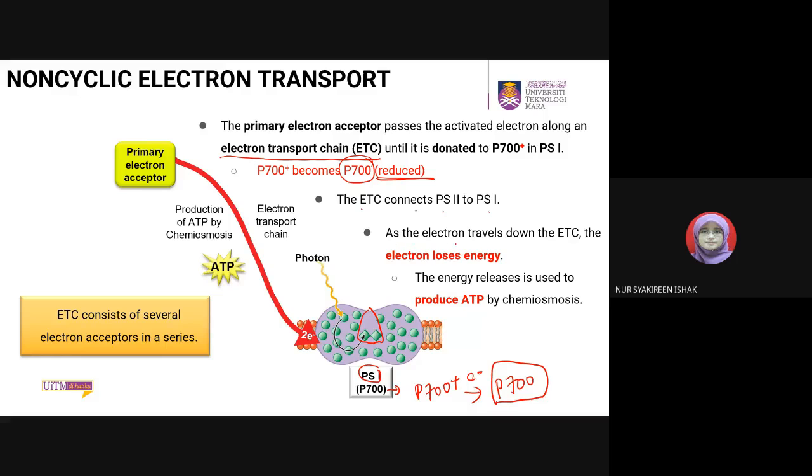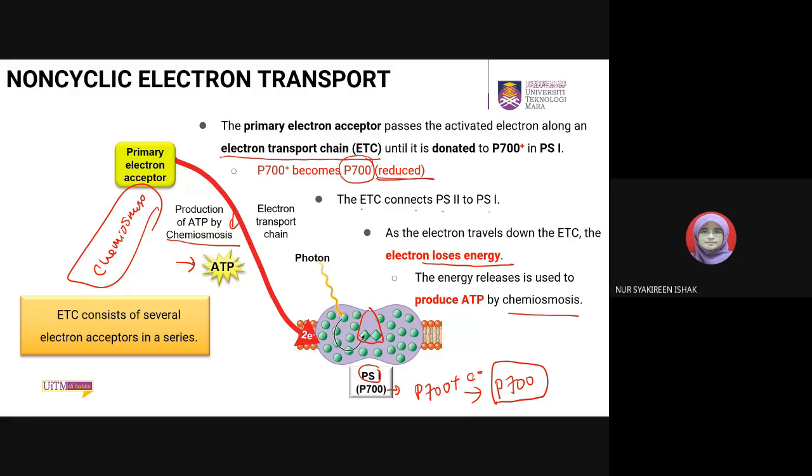As the electron travels along the ETC, it loses energy, and the energy released is used to produce ATP by chemiosmosis. Dah tulis kat sini, right?